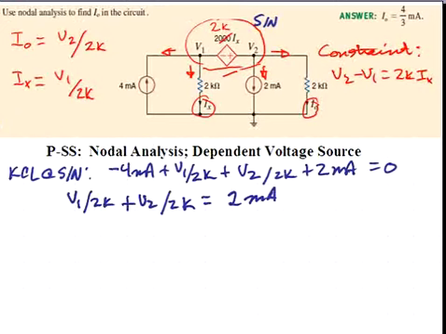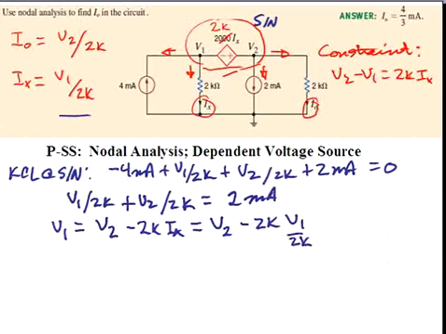We can now substitute. Look at our constraint equation for the voltage source, and we have that V1 is equal to V2 minus 2K I_X, and then we substitute the voltage form for the I sub X. We have V2 minus 2K times I sub X, which we wrote above as being V1 divided by 2K.